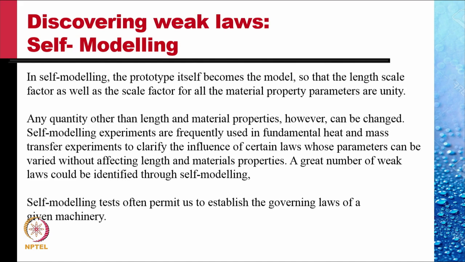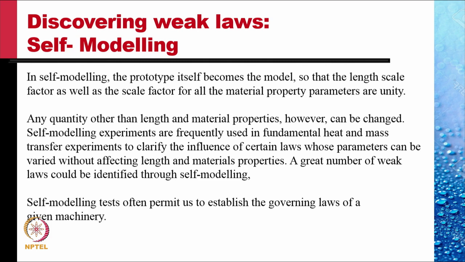How do we discover weak laws? Self-modeling is one of the techniques. In self-modeling, the prototype itself becomes the model so that the length scale factor as well as the scale factors for all the material property parameters are unity.